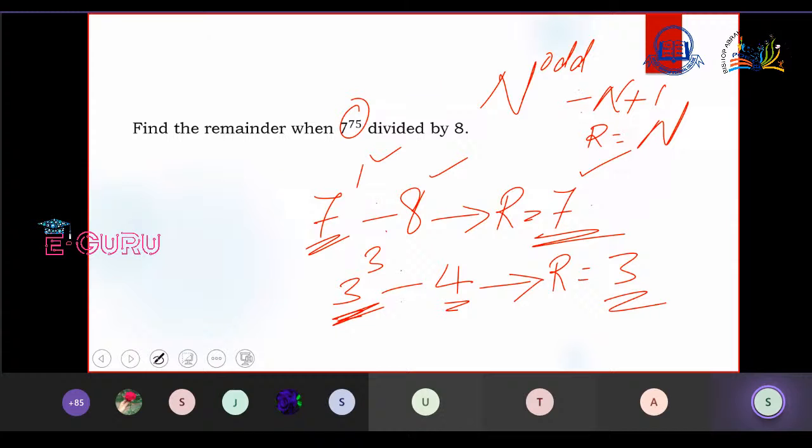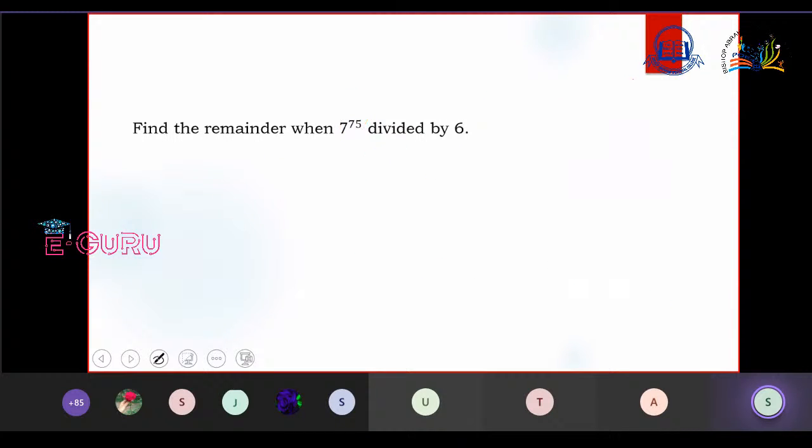Then there comes a question: what if n raised to an odd power is divided by the previous number, that is n minus 1? Let's see what happens. 7 raised to 75 divided by 6. We will do 7 raised to 1 divided by 6. The remainder is 1 only.